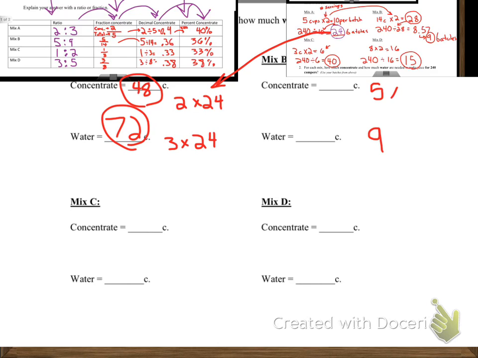So I take 5 times 9, and I take 9 times 9, because again, that's how many batches I'm going to need, and I get my answer. Okay, 5 cups of concentrate times 9 batches gives me 45 cups, and if I take 9 times 9, I get 81 cups of water.